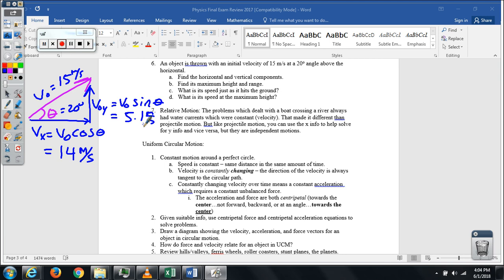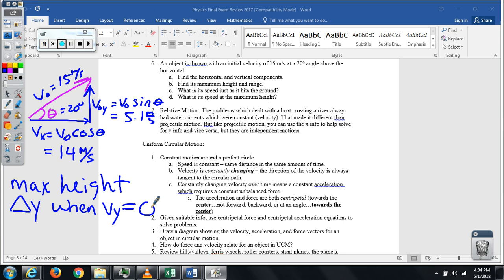If you want to find the max height, it's the value of delta y when Vy is 0. So this V0y is 5.1.